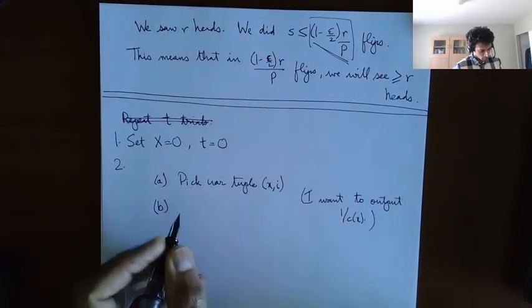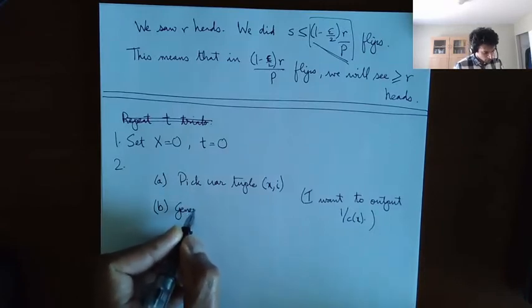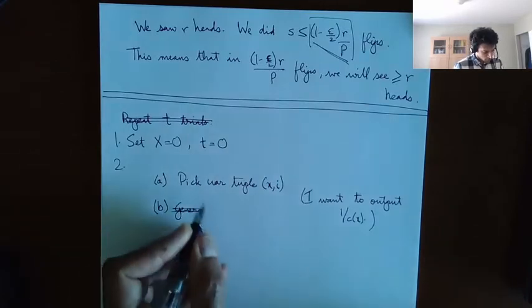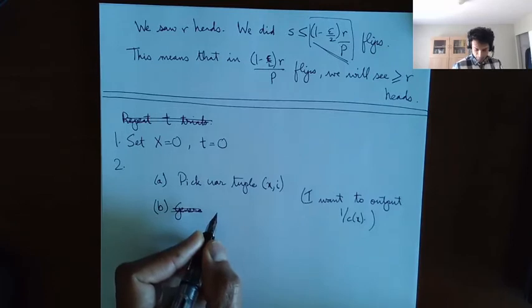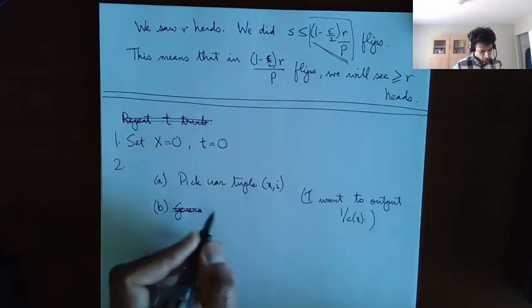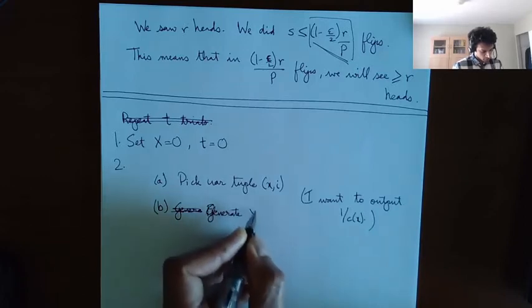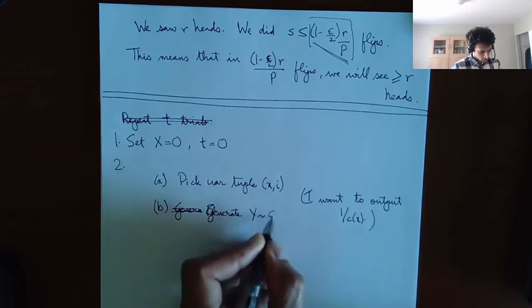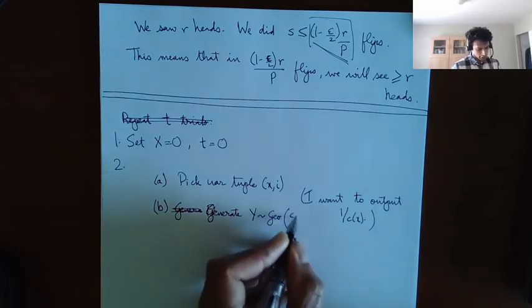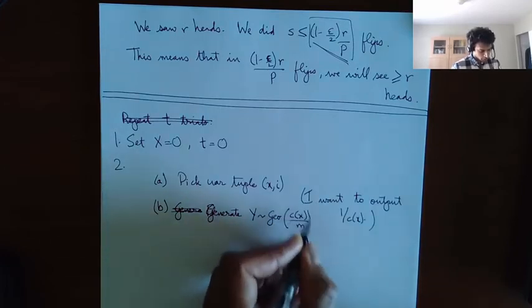So what I could do is generate y, which is a geometric random variable distributed according to Cx divided by m.